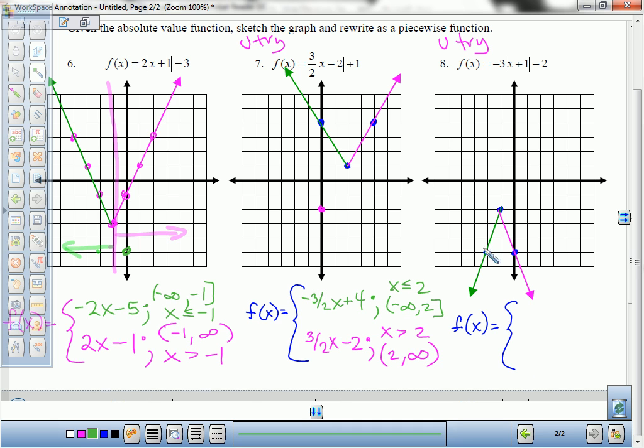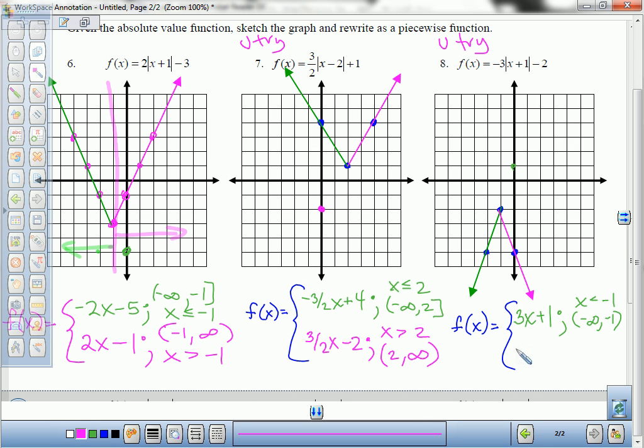Okay, so left side is up 3 over 1. So positive 3x. Now if we did that one more time, it'd have a y-intercept of plus 1. And those are for x values that are less than negative 1, or from negative infinity to negative 1.